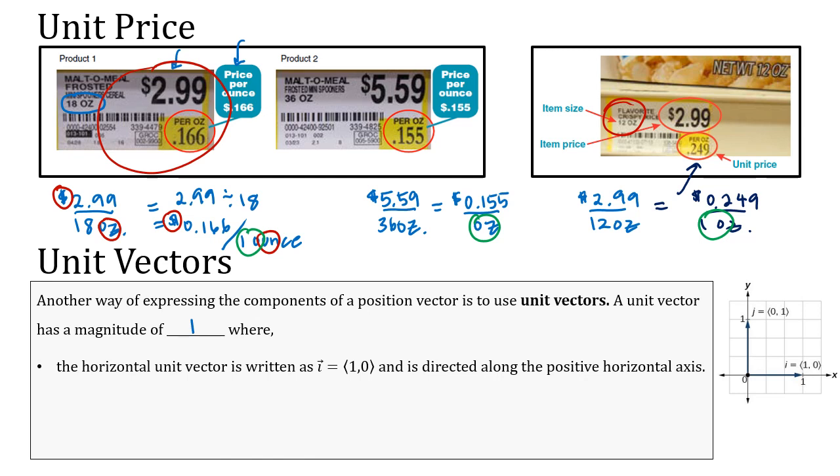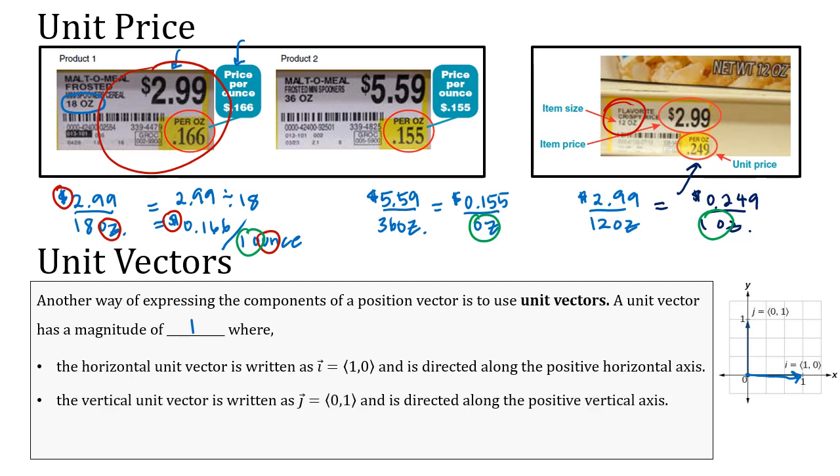It is the traditional horizontal unit vector, where that unit vector is equal to the components 1, 0. So that is starting at the origin, and going 1 to the right and going nowhere up and down. And it's directed, like we see, along the positive horizontal axis.